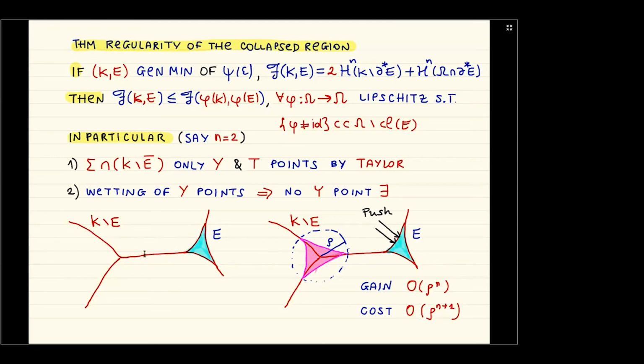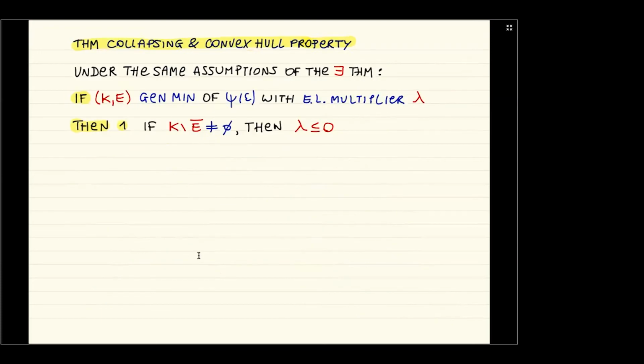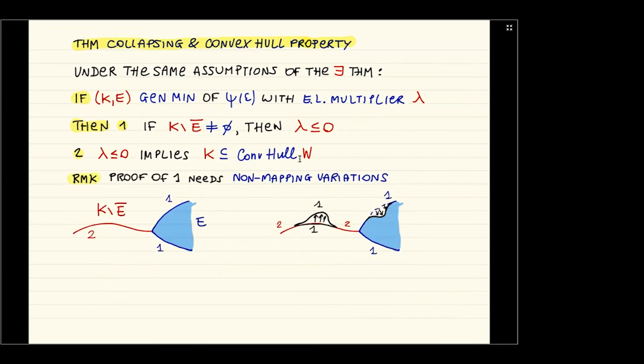As soon as there is a non-trivial collapse region outside of the wetted part, then the constant mean curvature must be negative. And using this property of negative mean curvature, we can show that the collapse region contains the convex hull of the wireframe. The proof is again obtained by some competitors that are not Lipschitz images.